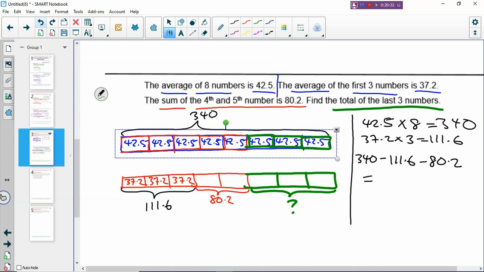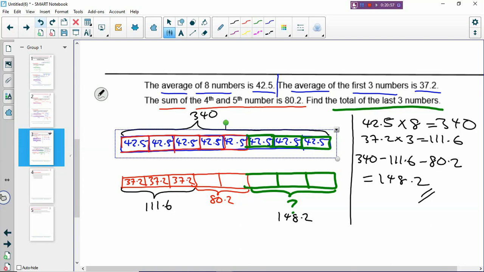So 340 minus 111.6 minus 80.2, you will get 148.2, and that's how you solve. This is like a 3-mark question, but if you draw the model, everything can be very clear to understand. So that's how you work out the answer.